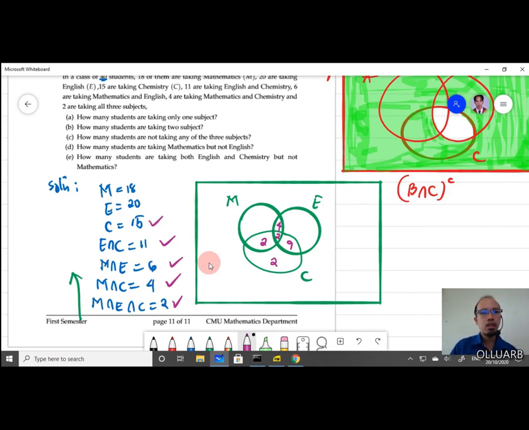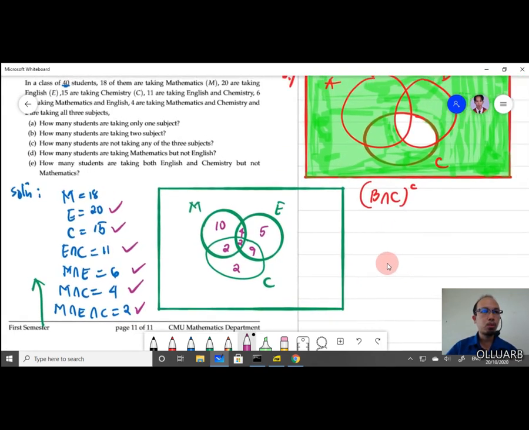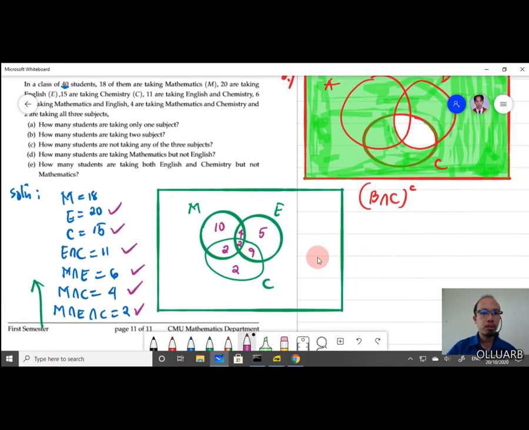English is 20, 9, 13, 14, 15, so we have 5 here. And then 18, 4, 8, so we have 10 here. In the problem it is also mentioned that there are 40 students in the class, so you have to add all of this and then subtract from 40.